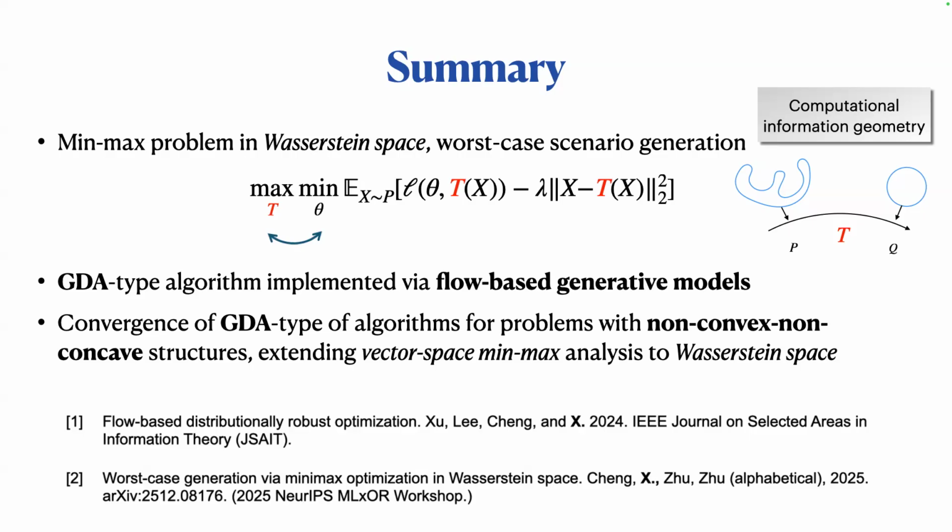I call it computational because information geometry is a classical framework introduced by Amari and others in the early 2000s. They have beautiful theories on how to consider distributions on the manifold. But now we have a computational framework that can actually find solutions on this geometry of distribution manifolds. So this is very new work.